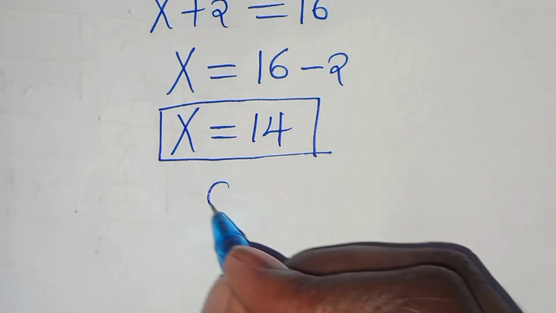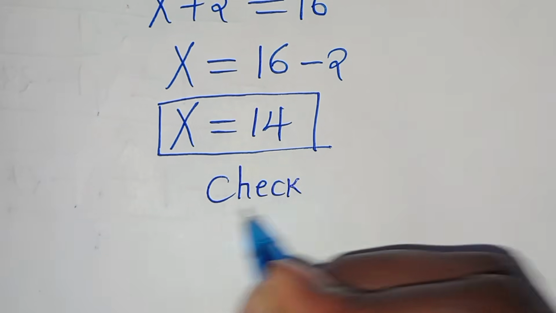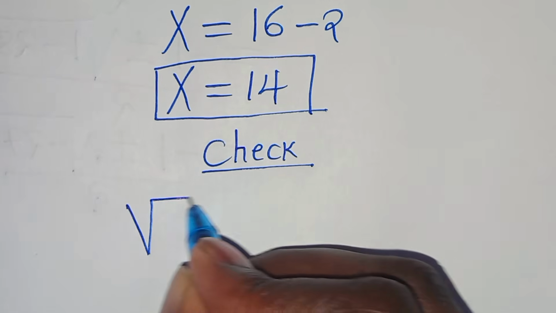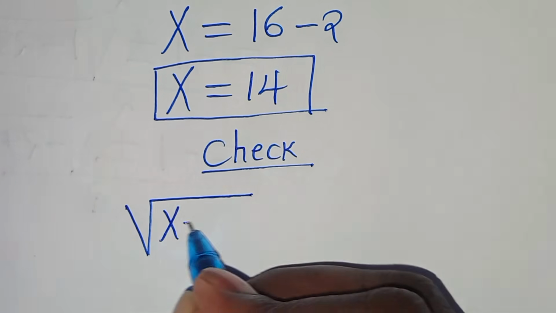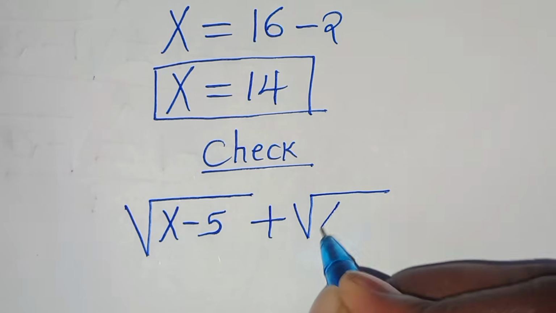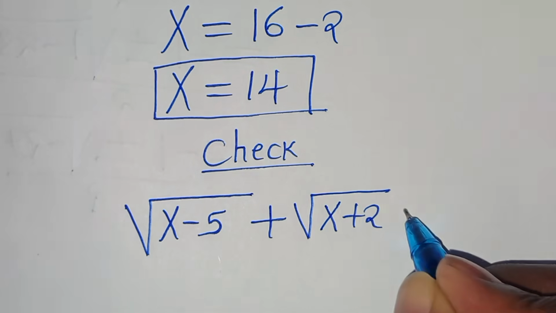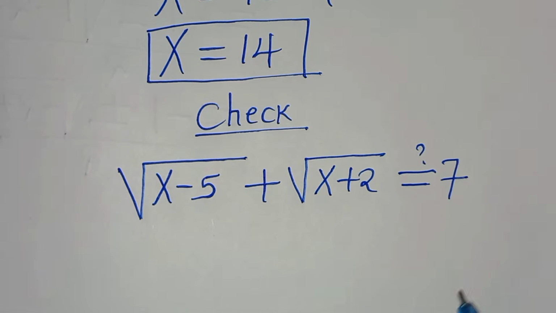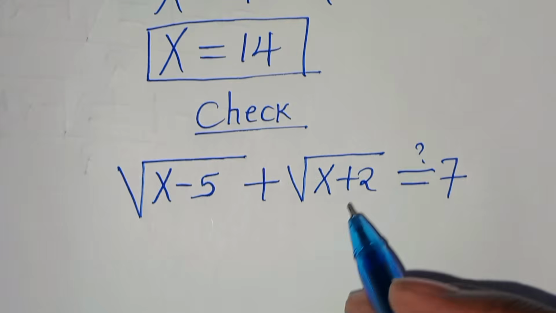Now let's check if this value of x satisfies the equation. Remember, we have the square root of x minus 5 plus the square root of x plus 2. This is supposed to give us a value of 7. Let's substitute x, which is 14.